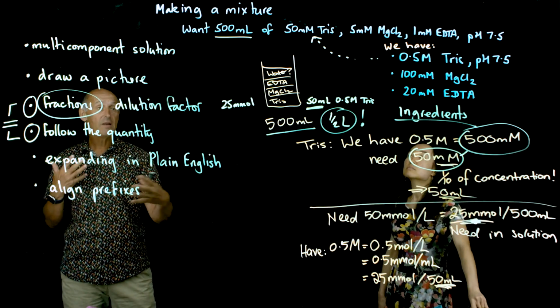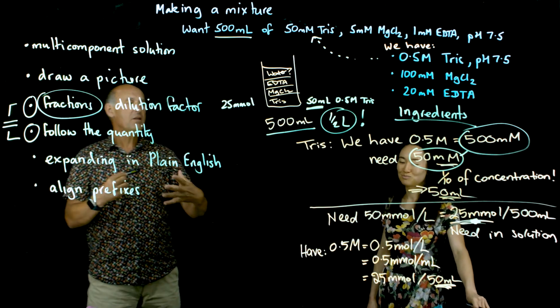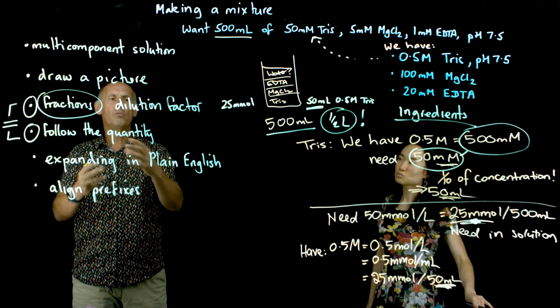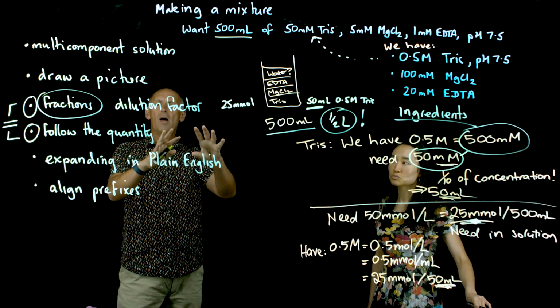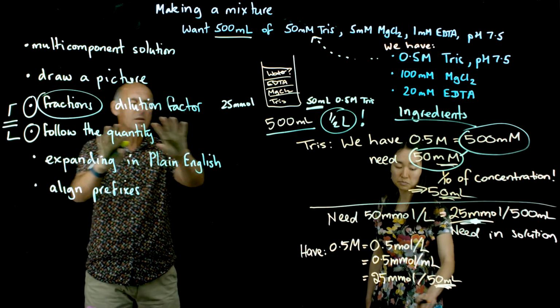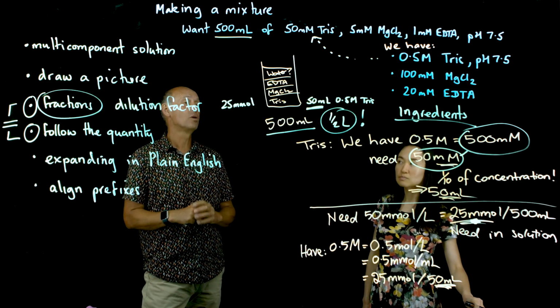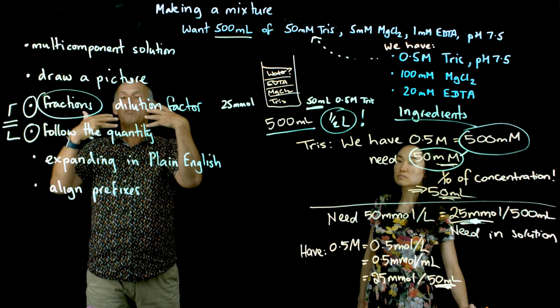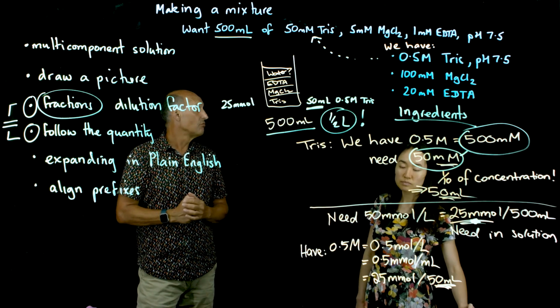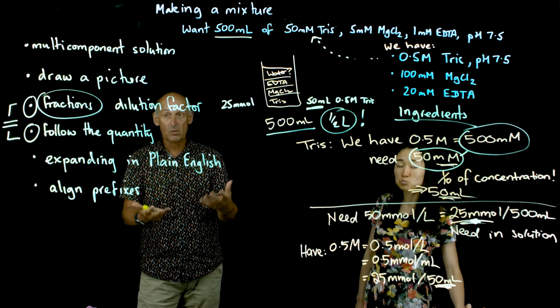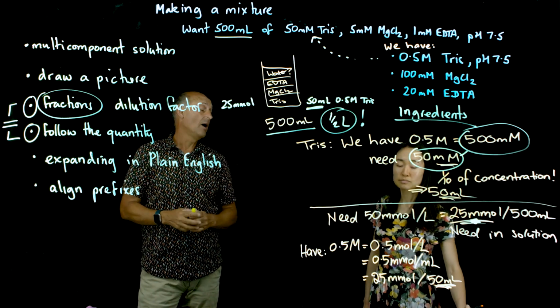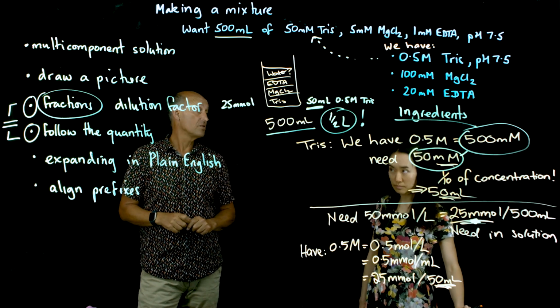Even if you're very nimble and fluent with the dilution factors, or if you like to take the more long-winded, very safe, quantity-based approach, doing it both ways is a fantastic way of not only building the fluency, but also checking that you've got the right answer.